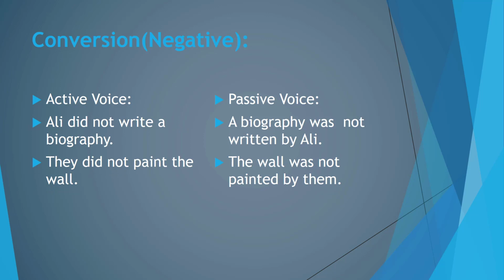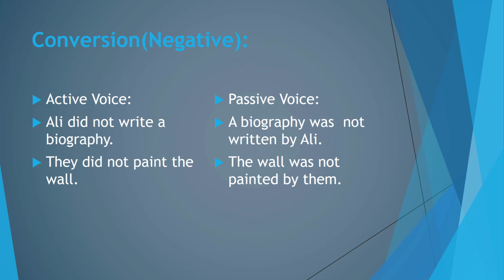Now we would learn how to convert negative sentences. We all know that a negative sentence states that something is not true or invalid. For example, Ali did not write a biography and they did not paint the wall. The passive voice is a biography was not written by Ali, the wall was not painted by them.